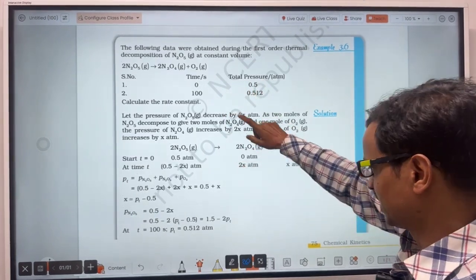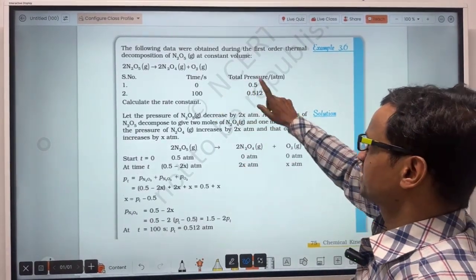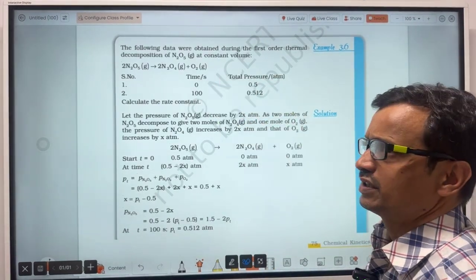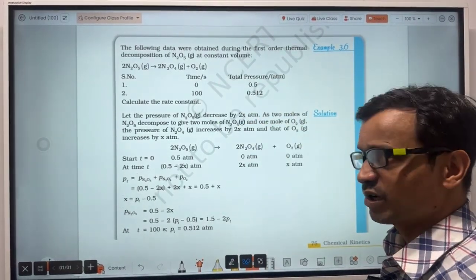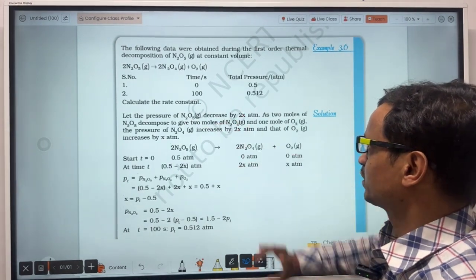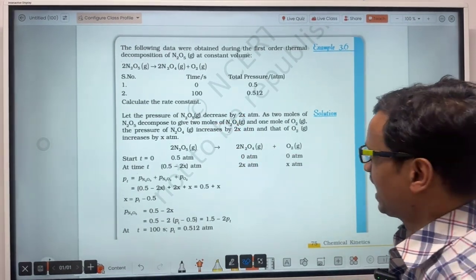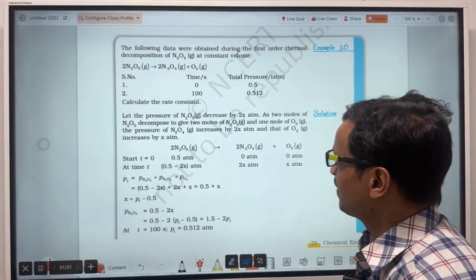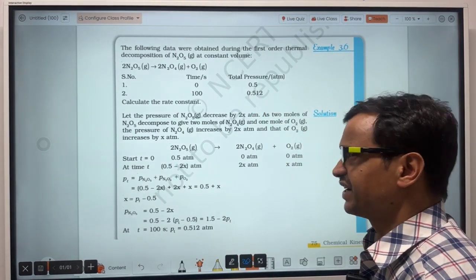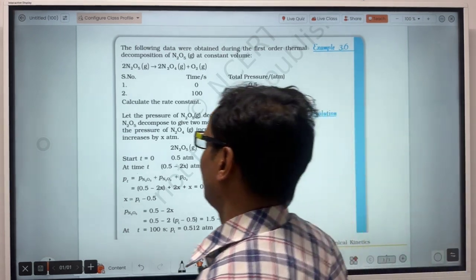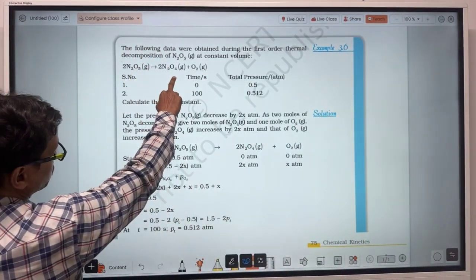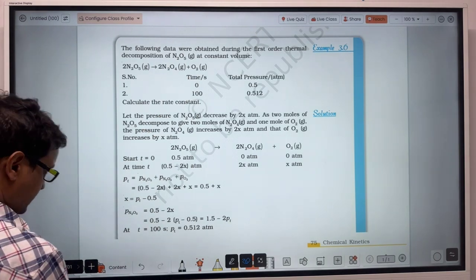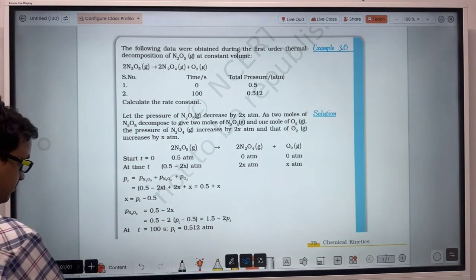At T equal to 0, the partial pressure of A has been given, because the total pressure will be equal to the partial pressure of nitrogen pentoxide. And at T equal to 100 seconds, 0.512 atm is the pressure of N2O5 plus N2O4 plus O2. So let's see it directly on the question.